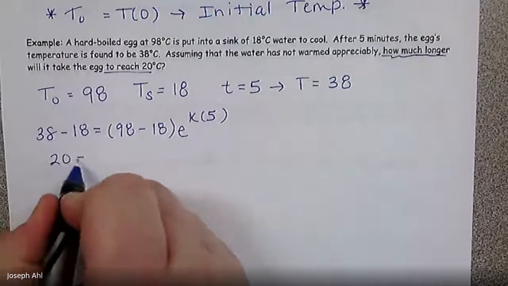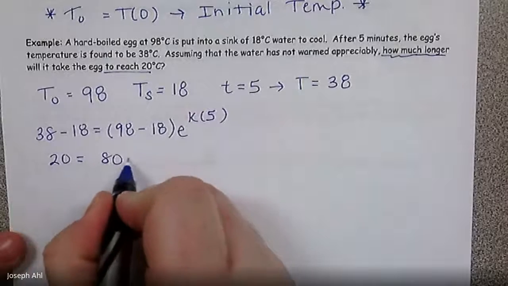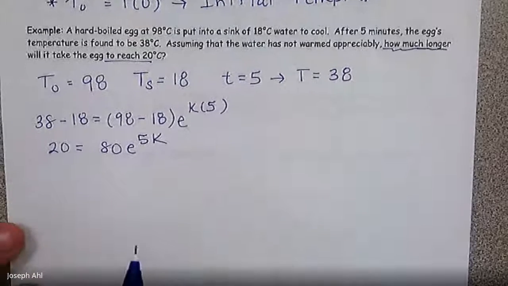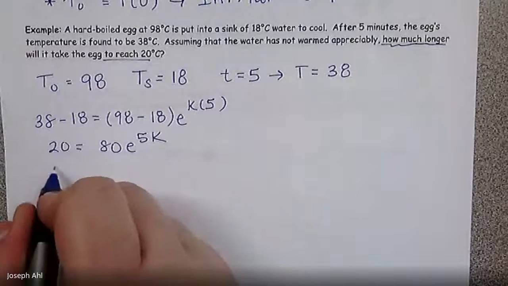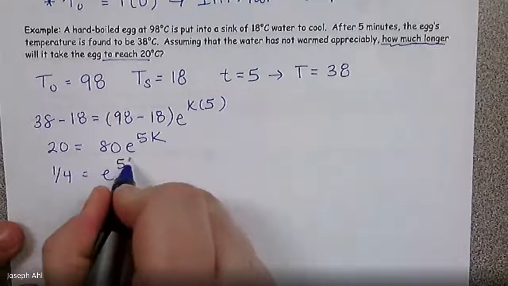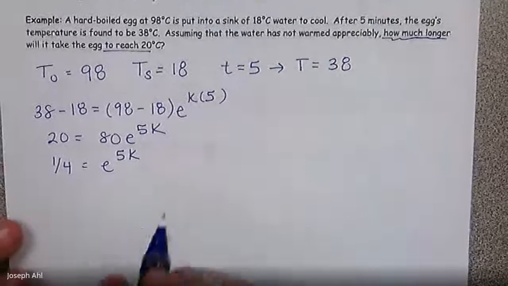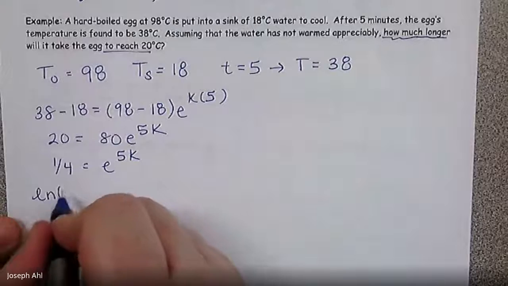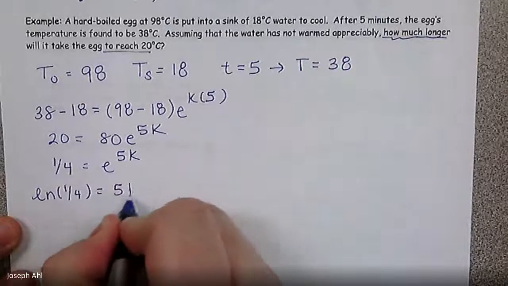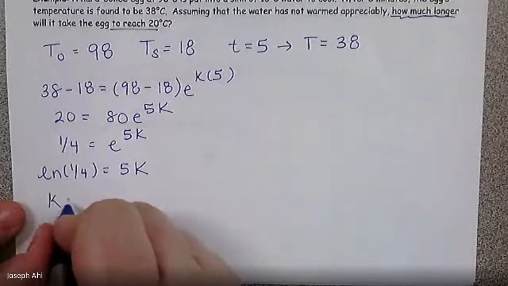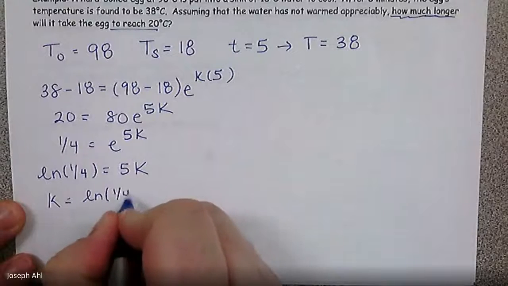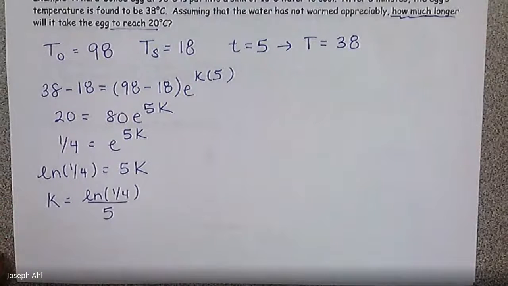This difference over here is 20. The difference on this side is 80, e to the 5k. So if I divide the 80 out, we get 1/4 equals e to the 5k. And then take the natural log of both sides, just like we've done in all the others. So therefore, k winds up being the ln of 1/4 over 5.